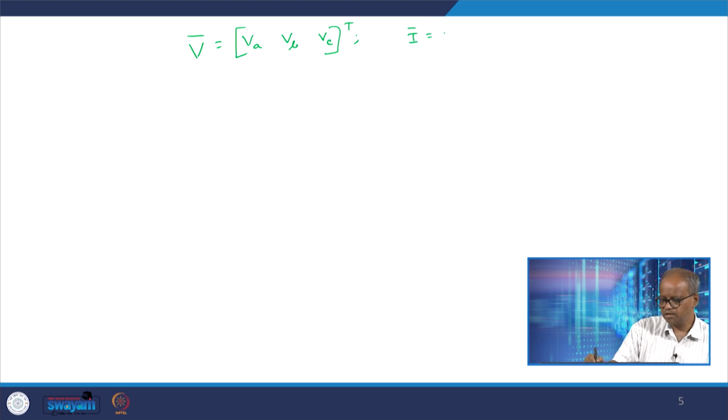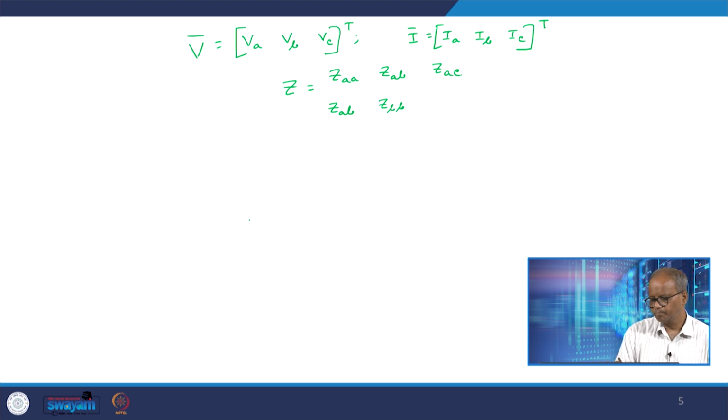I vector is IA, IB, IC transpose, and the Z matrix is ZAA, ZAB, ZAC, where ZBA is equal to ZAB, so ZAB, ZBB, and ZBC, and ZCA is equal to ZAC, so ZAC, ZCB is equal to ZBC, it is ZBC and ZCC.